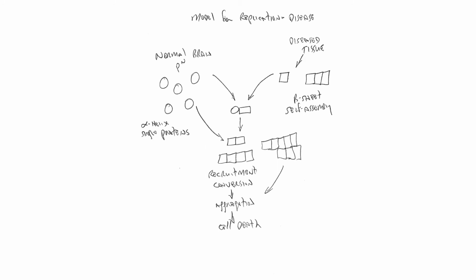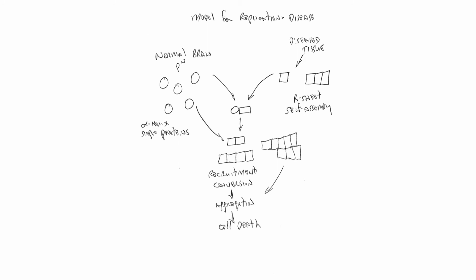They form alpha helix, and they exist as single proteins in the brain cell, and presumably do something with copper. In the diseased tissue, you have the prions, but the prions are infectious. They form beta sheets, and you see they undergo this self-assembly.